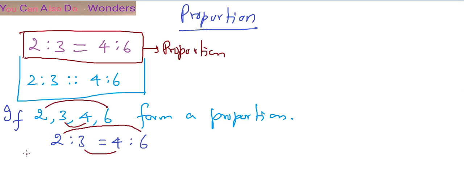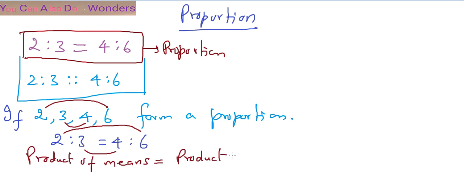So we say product of means equal to product of ends. See, you can verify this. 3 into 4 is 12. 2 into 6 also 12. That's true for any proportion.